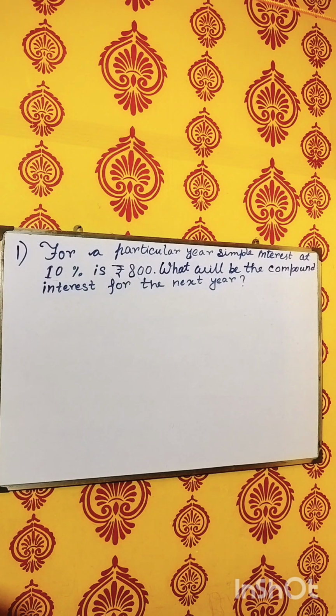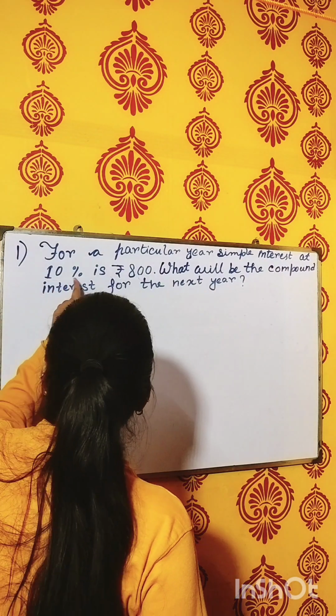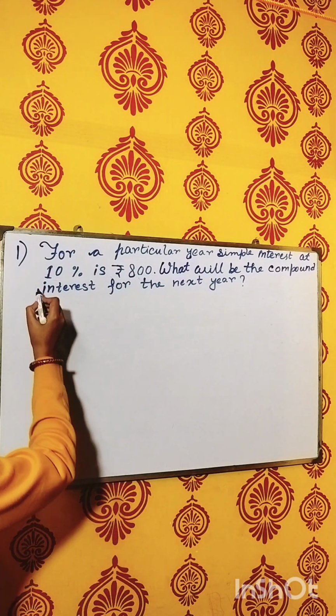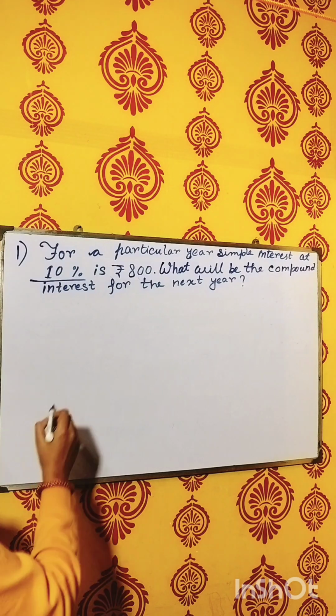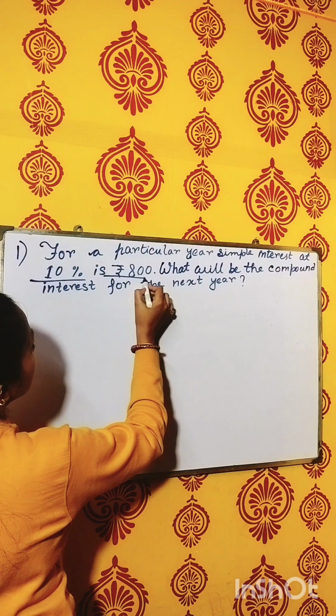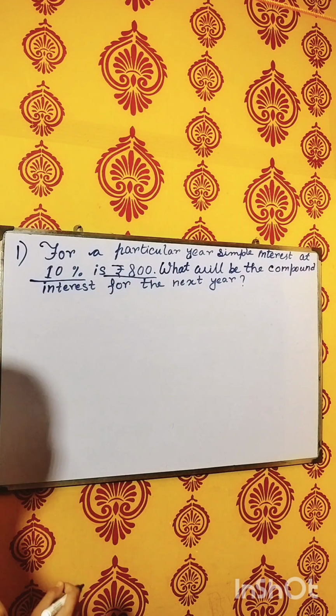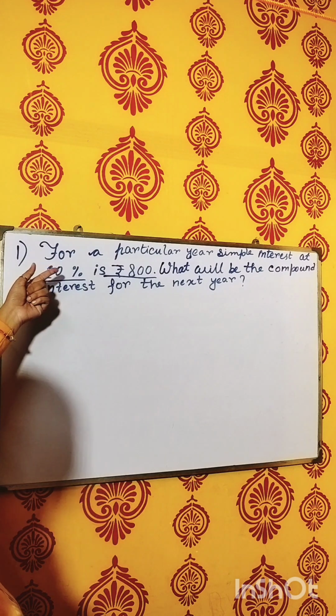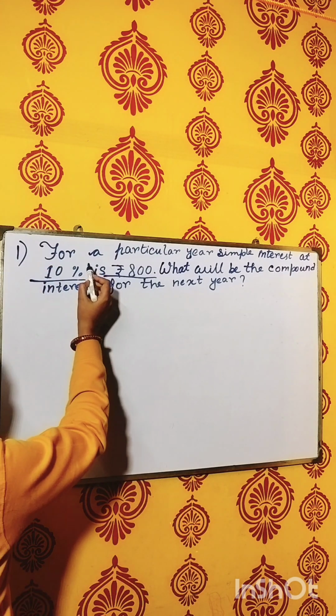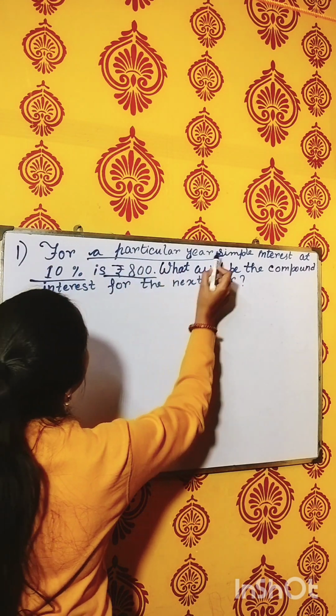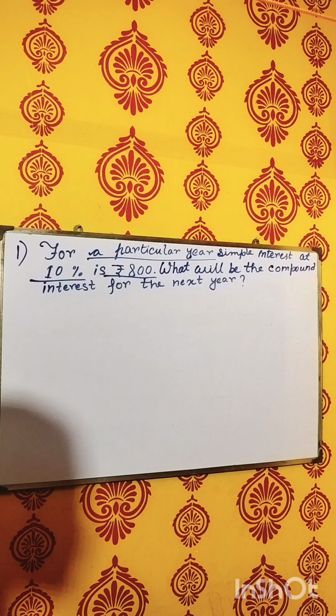So here we can see that the rate percentage per annum is 10%. And here the simple interest is given rupees 800. And they have already mentioned the time, a period of time for a particular year. That means here the time is equal to 1 year.